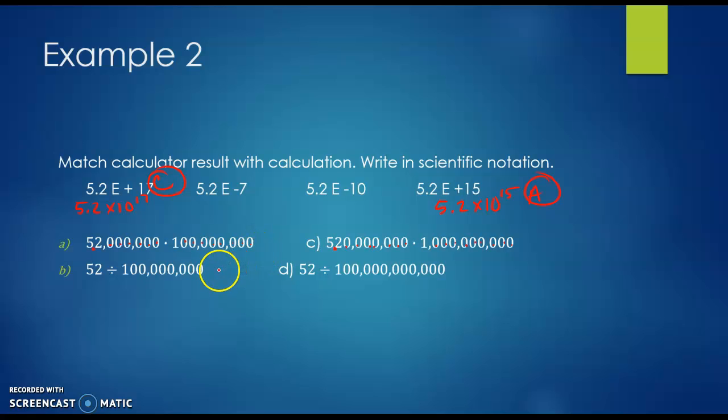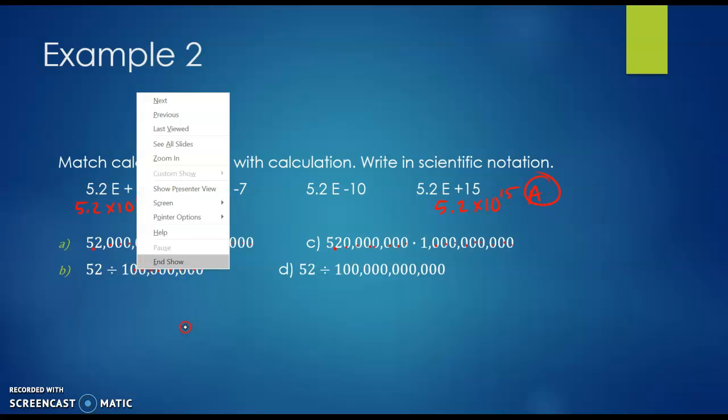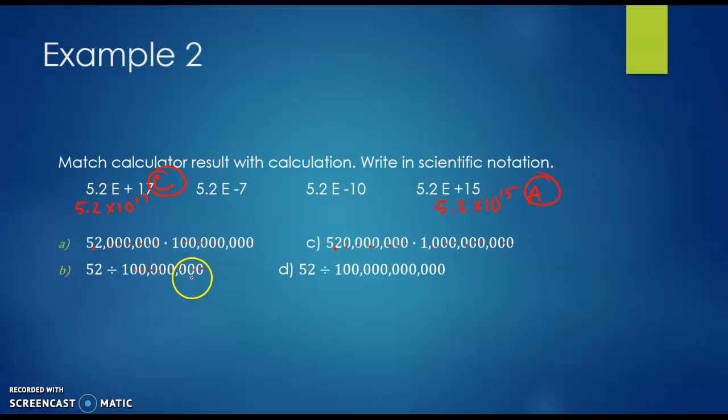All right, now with answer D, because of the way scientific notation works, even though we haven't explicitly talked about it, we're going to count how many moves. 1, 2, 3, 4, 5, 6, 7, 8. And then we're going to take one of those away. So this is actually negative 7 moves.